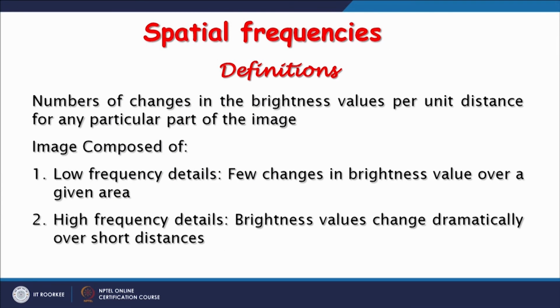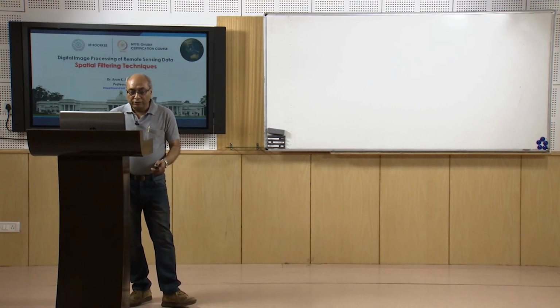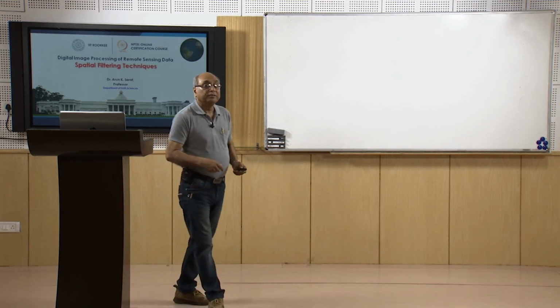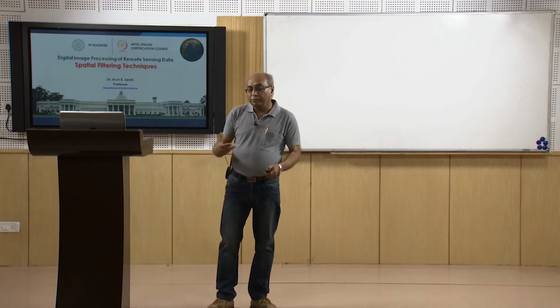Spatial frequency can be defined as the number of changes in the brightness values per unit distance for any particular part of the image. These spatial filters may be 3 by 3 pixels, 5 by 5 pixels, or 7 by 7 pixels.